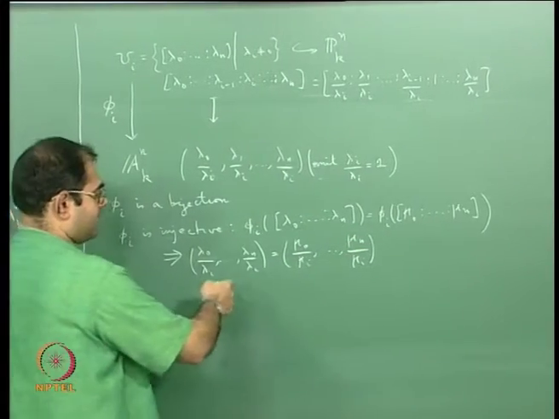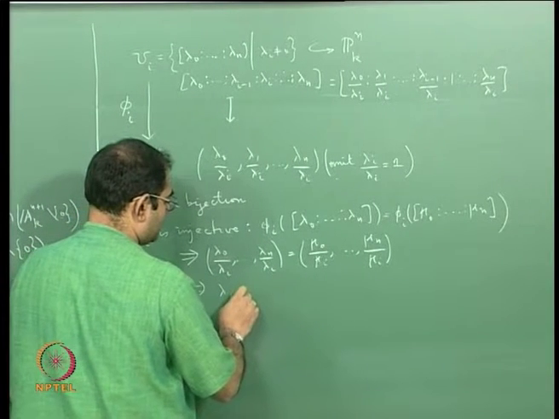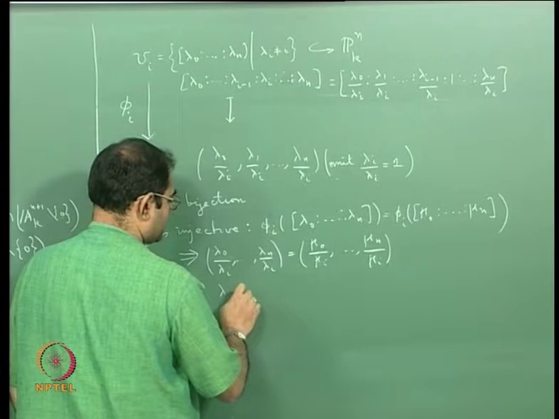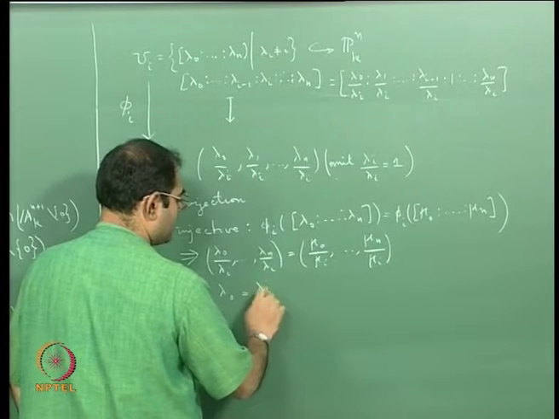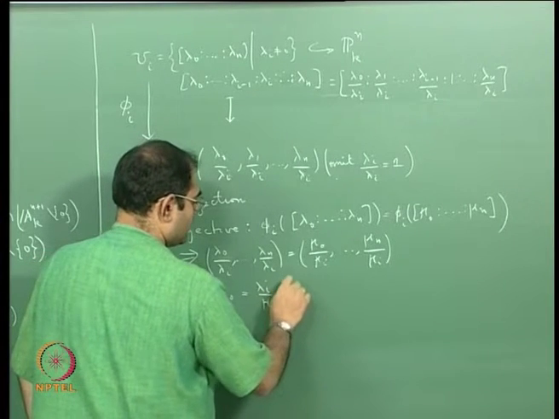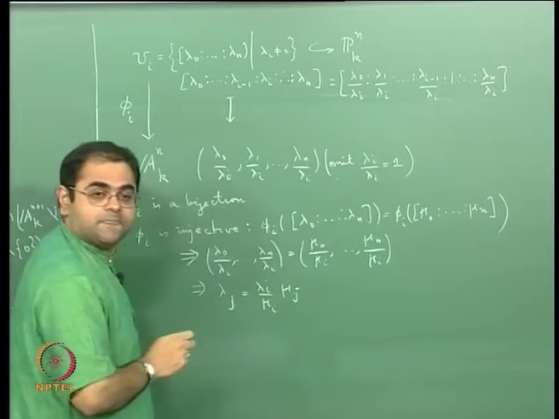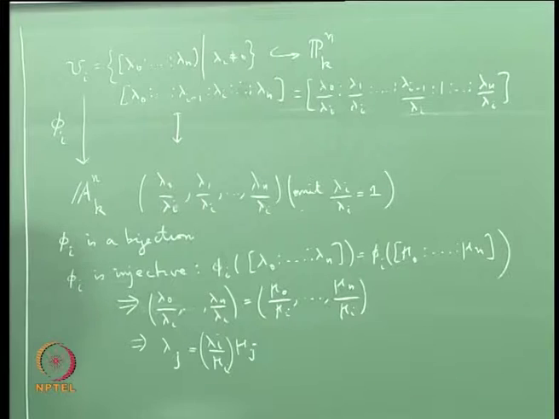And what this will tell you is that lambda naught is lambda i by mu i into mu naught. So each lambda j is lambda i by mu i into mu j, and this lambda i by mu i is fixed, since i is fixed, lambda i is fixed, mu i is fixed.